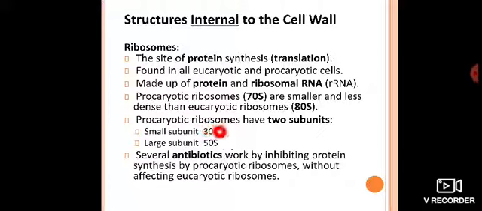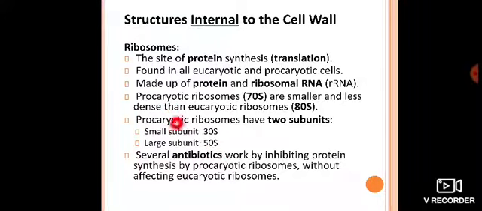In the next slide we can observe that those ribosomes have a 30S ribosomal unit and a 50S ribosomal unit. In this next diagram we can observe that the prokaryotic ribosome has two subunits: the small subunit is 30S and the large subunit is 50S.